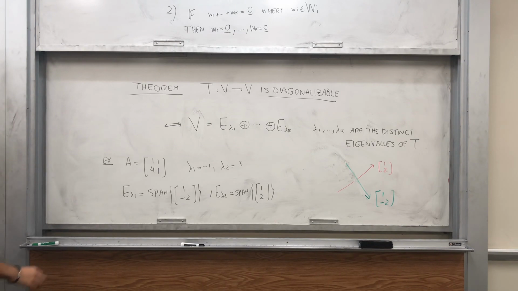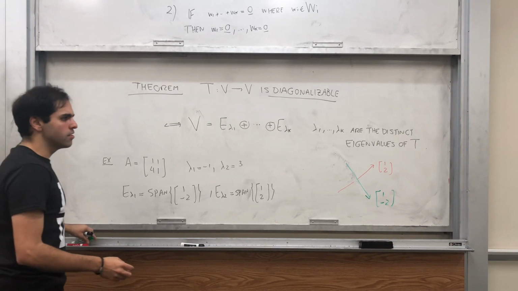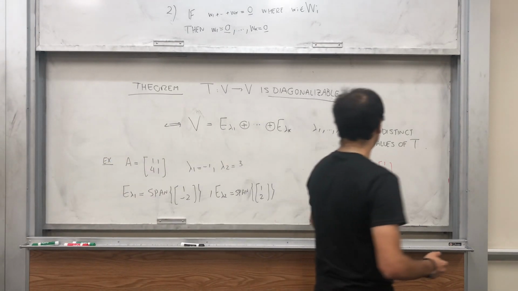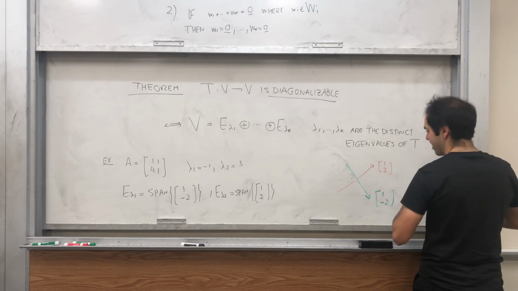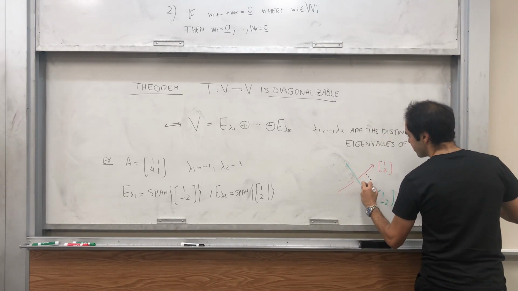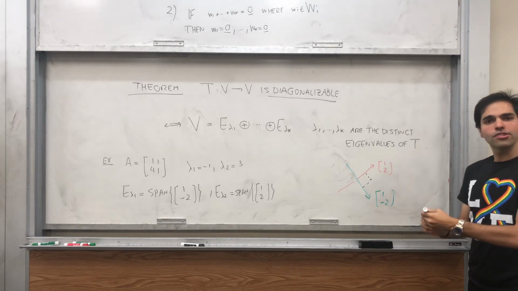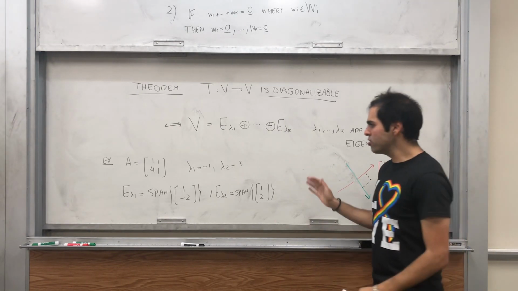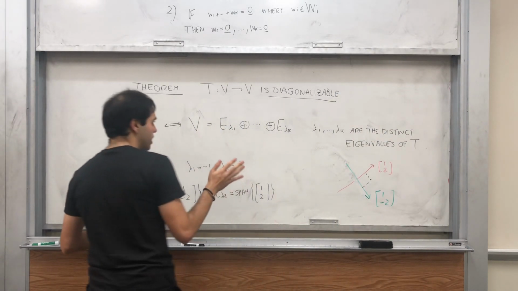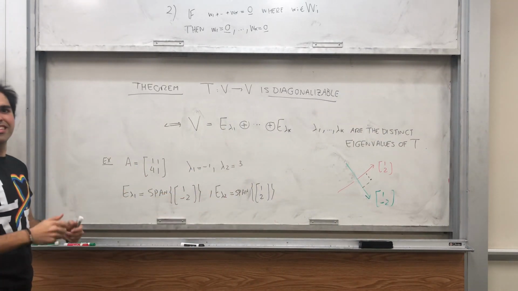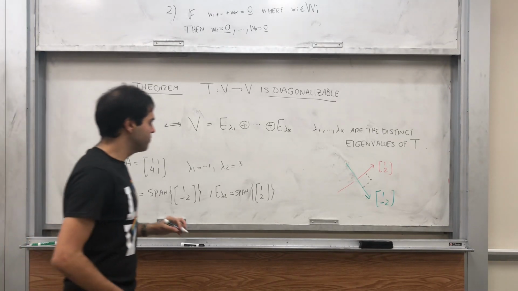So in other words, every vector can be written as a sum of two vectors, one in this axis and one in this axis. And so in this case, we can say that T is diagonalizable. So T is diagonalizable if, and only if, you can find axes consisting of eigenvectors.